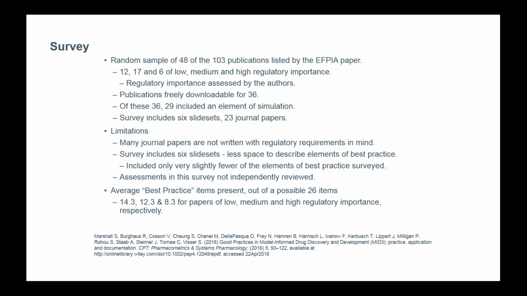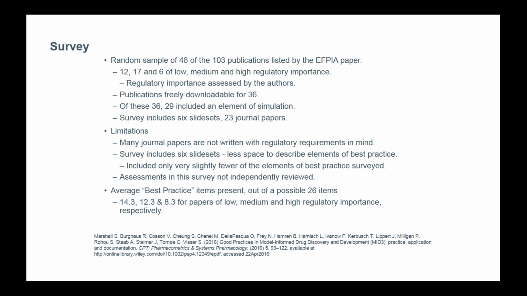And I rather arbitrarily took about 20-odd points of best practice, looking at the points made by the MID3 group whose paper I'm quoting here, and our own paper, just to see from my purely subjective judgment how many of the key elements were present in these papers.